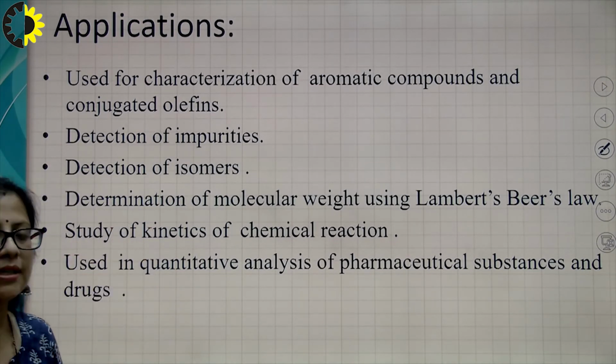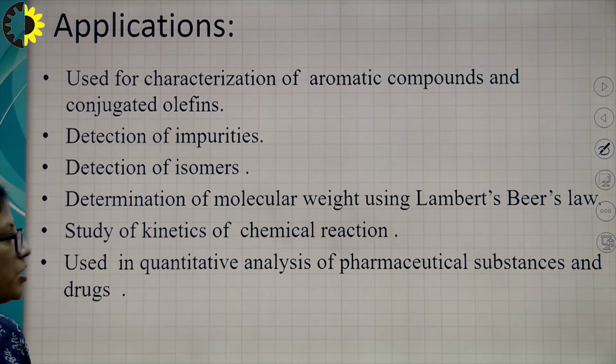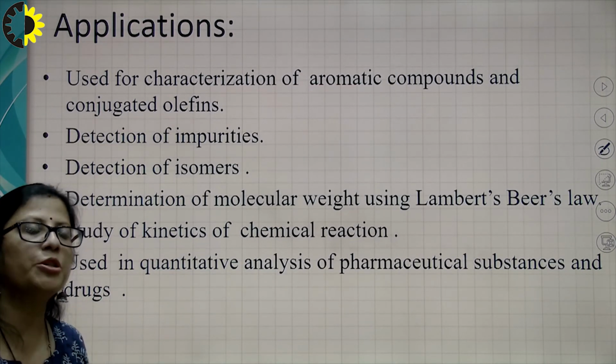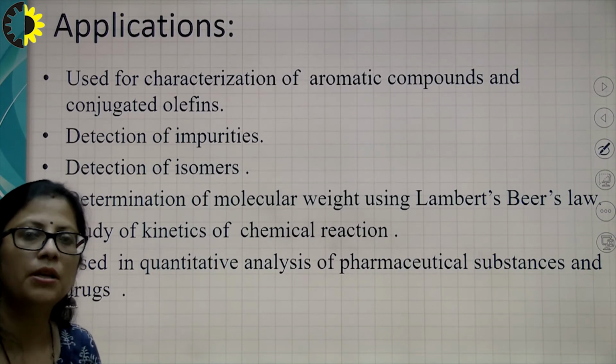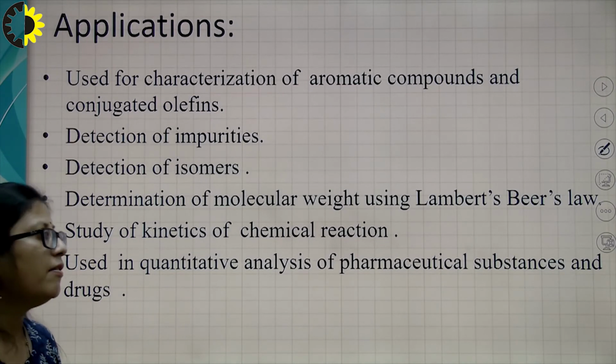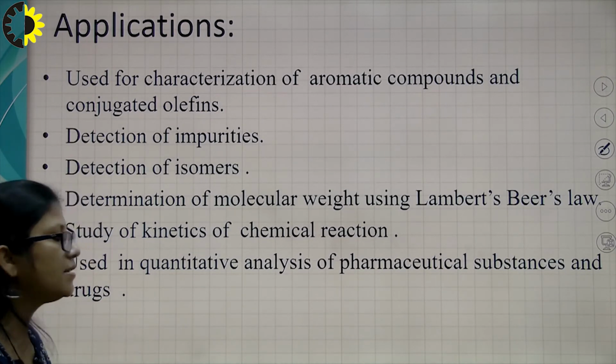Determination of molecular weight can be done by Beer-Lambert's law. We can study the kinetics of a chemical reaction, how much of the reactants has been converted into products. Then it is used in quantitative analysis of pharmaceutical substances and drugs.